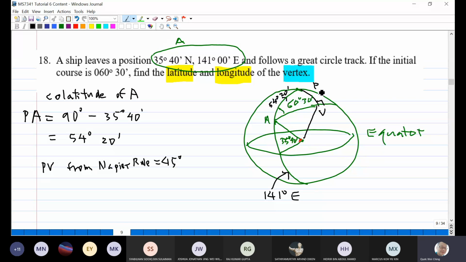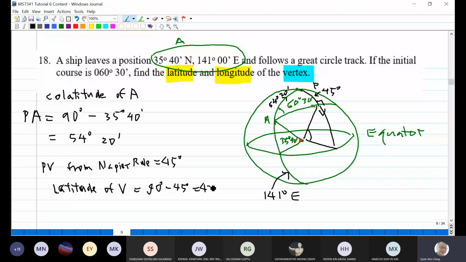So this one is 45 degree here. Therefore, what is the latitude now? Latitude of V, measured from the equator, so this one is also 90 minus 45 is also 45 degree.